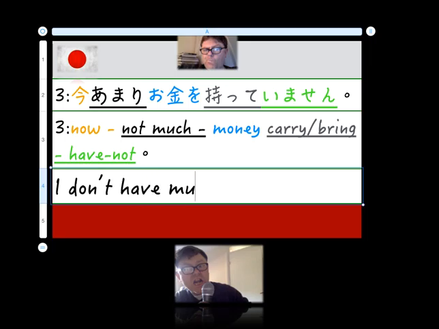Sometimes I look at my linguistic logic and think it probably confuses things a bit more. Particularly, it looks like a double negative. Doesn't make a positive though. Yeah, in this case. So I don't have much money now. Ima, now. Amari okane o motte imasen. You could get rid of carry and bring because motte imasu is have with regards to having money and so on. Yeah, if that's confusing the matter.